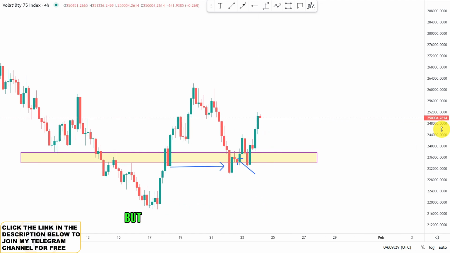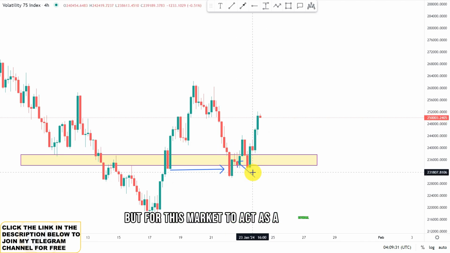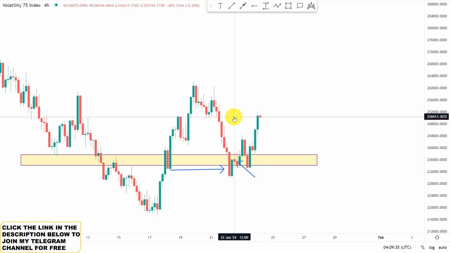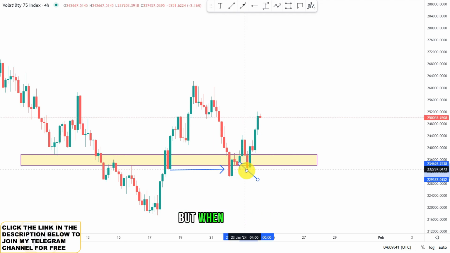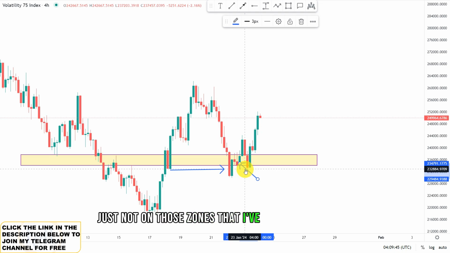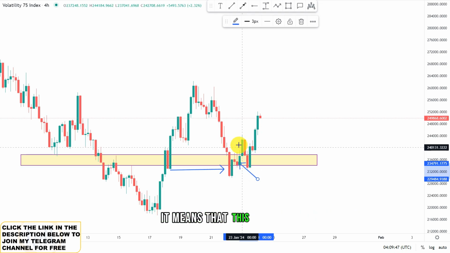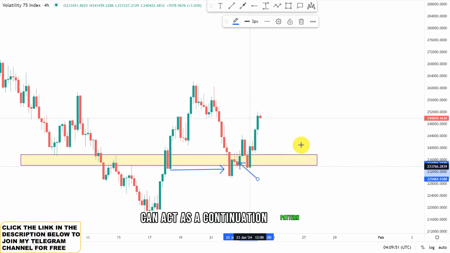But for this to act as a reversal, it has to occur on specific zones with a very strong trend so that it reverses, right? But when it does not occur on those zones that I've mentioned earlier, it means that this candlestick can act as a continuation pattern.